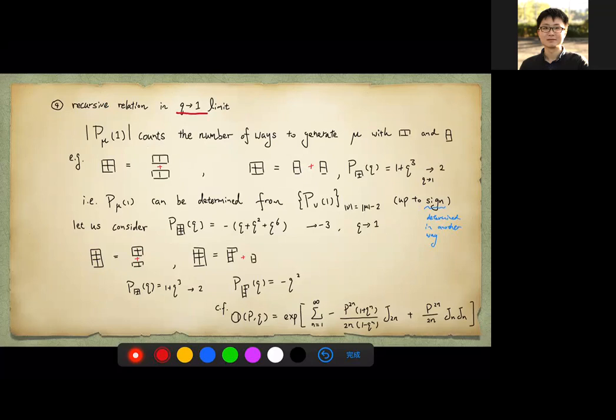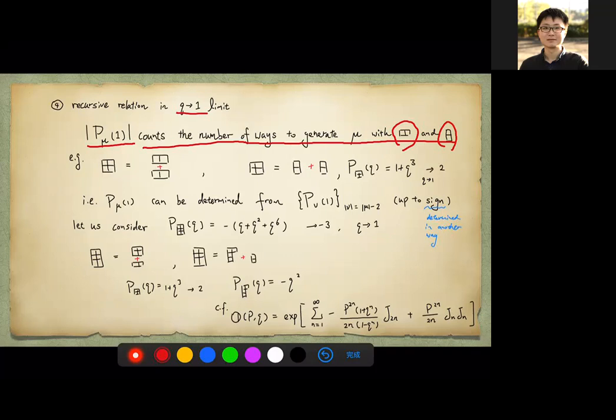I couldn't find the rule in the more general case, but in the q goes to 1 limit, we can see that up to a sign, this polynomial counts the number of ways to generate this Young tableau mu with only two boxes in one row and two boxes in one column.